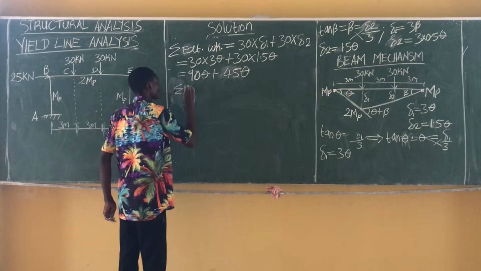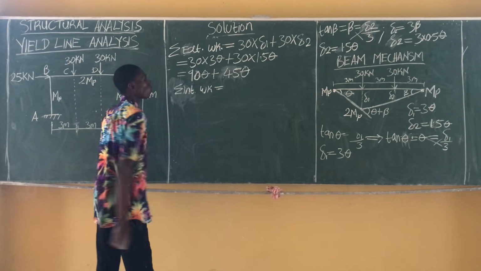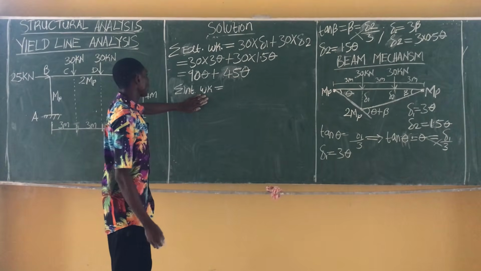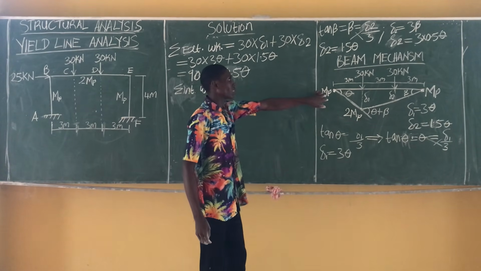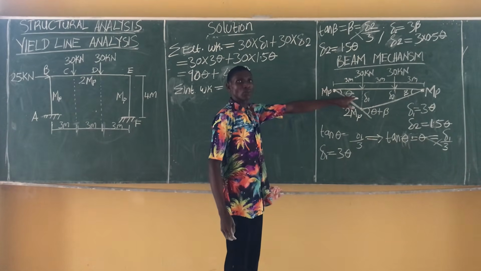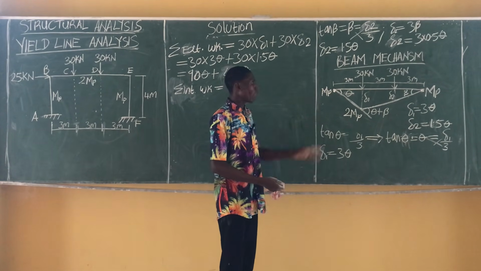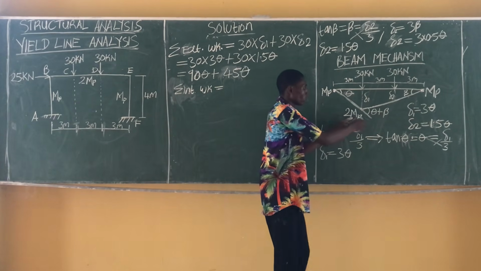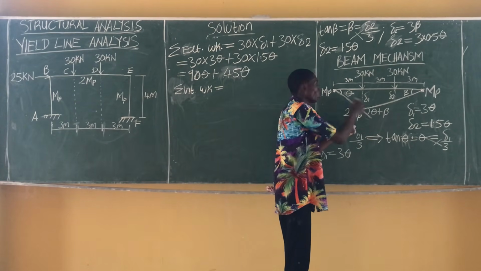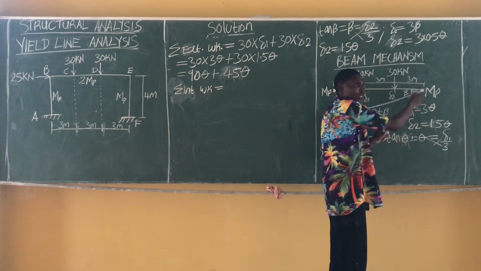Summation of internal work done is simply equal to, remember, our plastic moment times theta, the angle. So how many plastic moments do we have? We have 3. So it's going to be this times this angle, this times this angle, this times this angle, plus this times this angle, plus this times this angle.